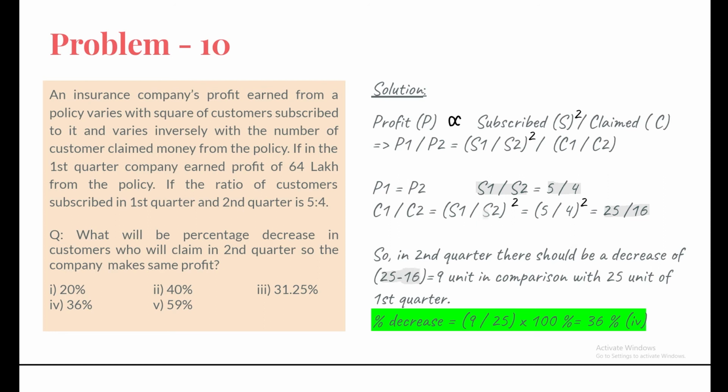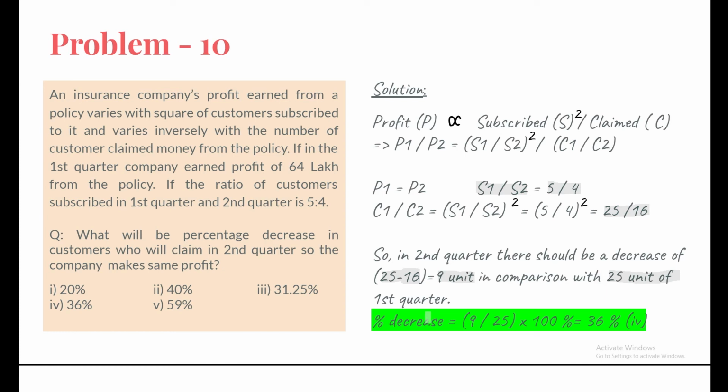Why? Because C1 is the claims for quarter 1 and C2 is the claims for quarter 2. In quarter 1 they got 25 unit claims and they should get 16 unit claims in quarter 2. So the decrease should be 9 unit in comparison with 25 units.